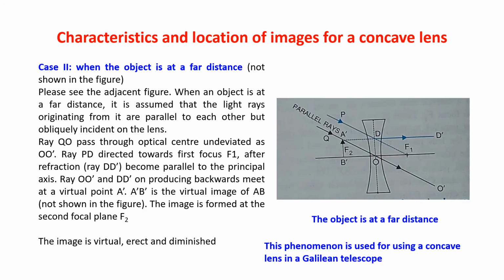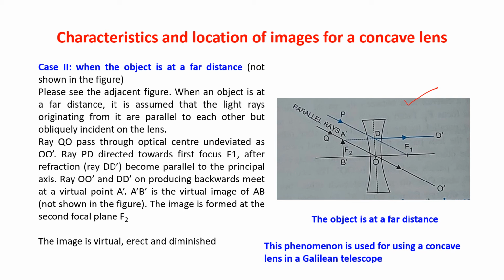Now, the second case, in which the object is at a far distance, which is not shown in the figure. Just look at the figure here. When an object is at a far distance, the light rays will be considered as parallel rays, but those rays are not parallel to the principal axis.